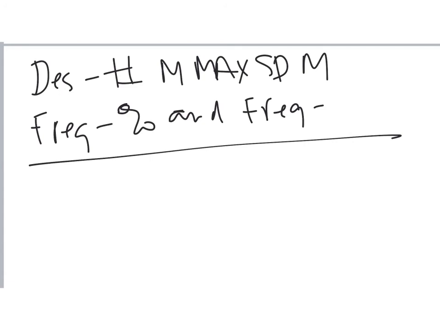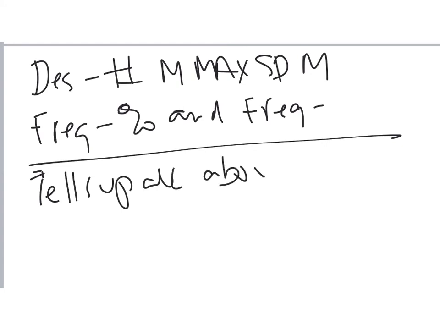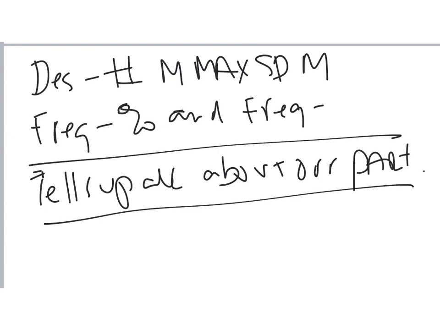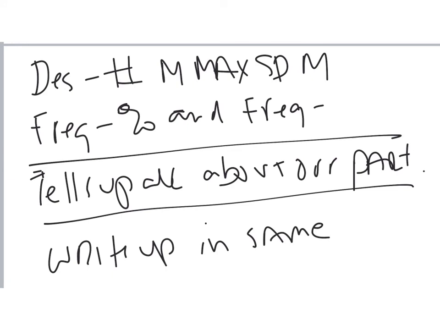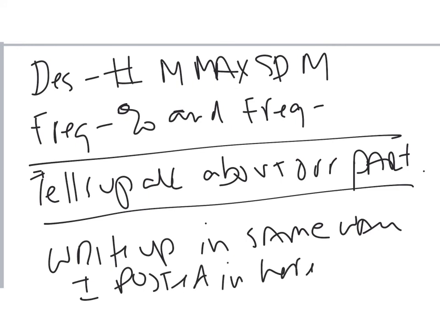And then you're going to be writing up, and of course the direct definition tells us all about our participants. And then the last part, the big part, is you're going to have to write up in the same way I posted in here for your write-ups.